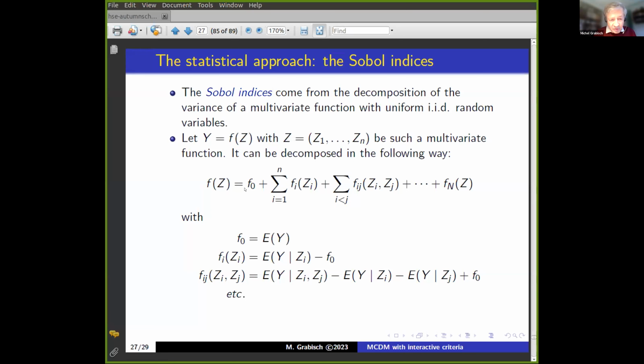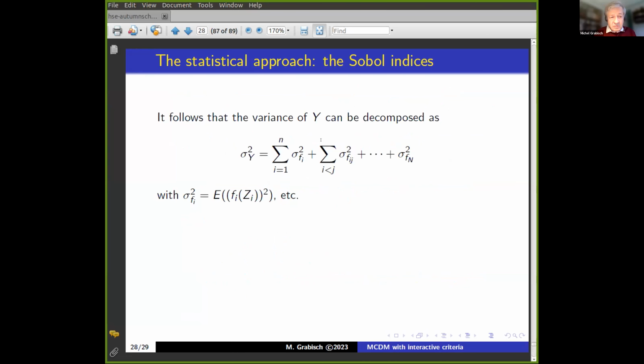So the first term is just the expectation of y. The second term is conditional expectation with respect to one variable. The third term is conditional expectation with respect to two variables, and so on. You continue like that. And then you can do an analysis of variance because the total variance of y is simply the sum of the variances of every term in the previous sum.